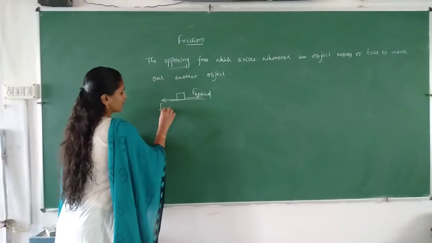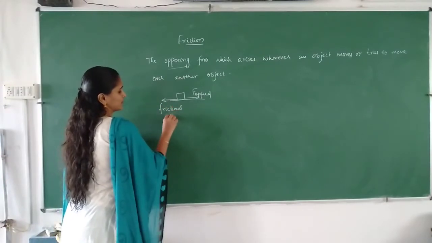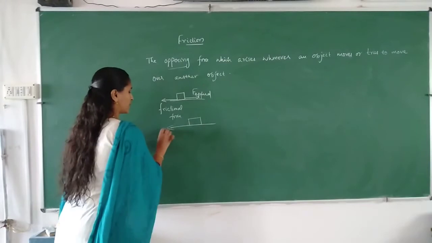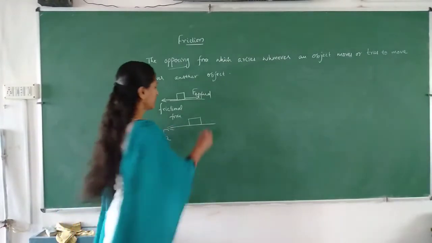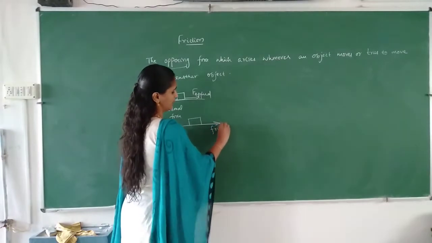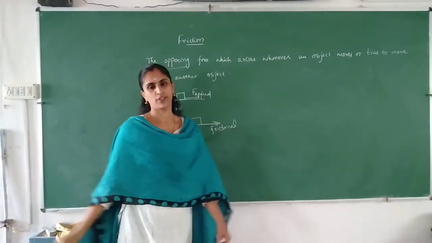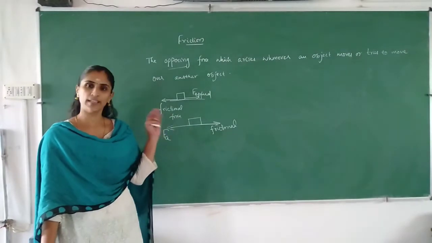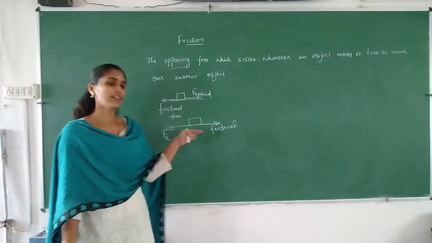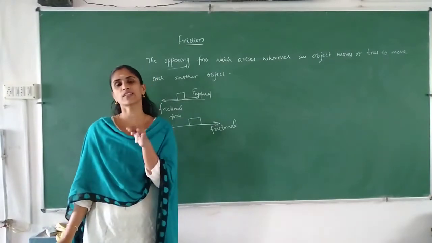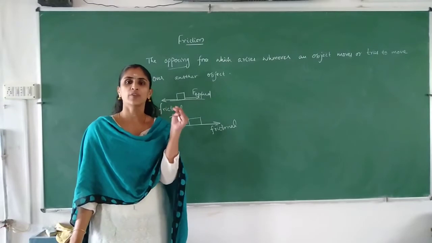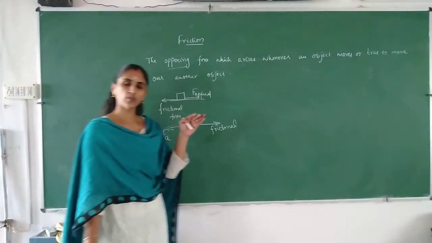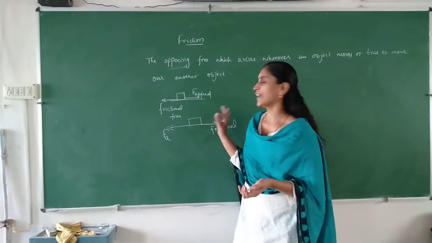So this will be the frictional force, and if the applied force is in this direction, again we can say that this frictional force will be acting in the opposite direction. Okay. And this frictional force arises due to the intermolecular force of attraction between molecules and atoms, because there will be irregularities on the surfaces. So whenever the object tries to move over another object, these forces will be acting. Okay. So we can conclude that frictional force will always act opposite to the direction of motion.